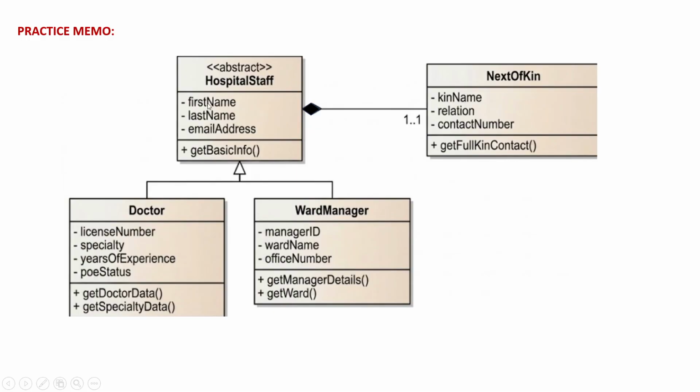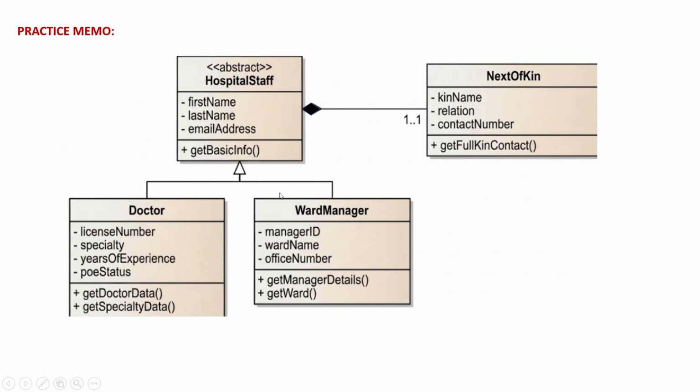So here we see our superclass, which is hospital staff, with first name and last name, because both the doctor and the ward manager will have a first name, last name, and an email address. And remember, in our scenario, it specified that we need to get the basic information of any hospital staff member.